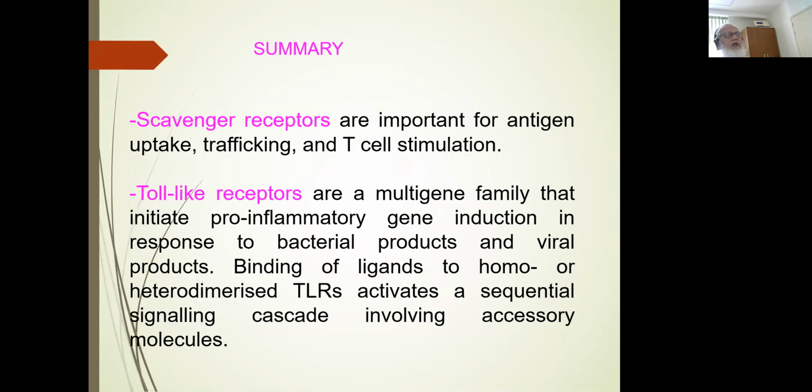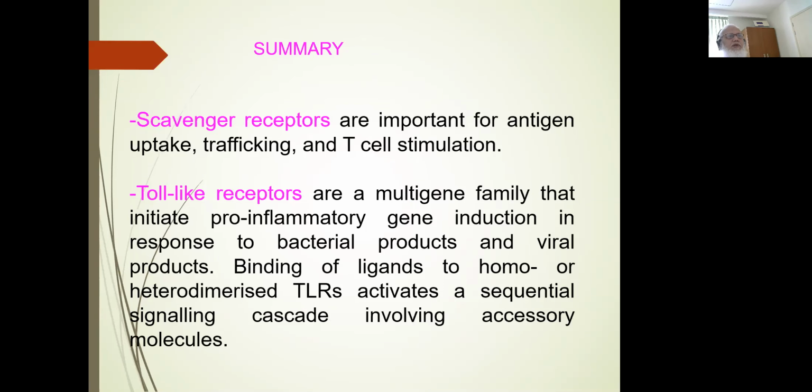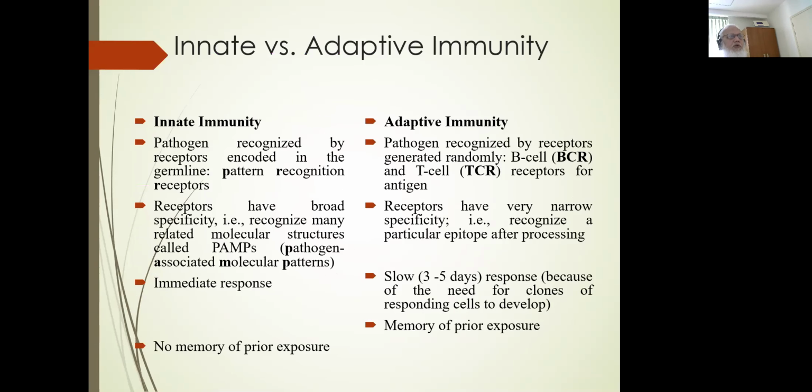So, in summary, there are scavenger receptors and toll-like receptors, and these play a very important role in innate immunity as well as linking innate immunity to acquired immunity. There are some differences, also discussed in the previous lecture on innate and adaptive immunity.